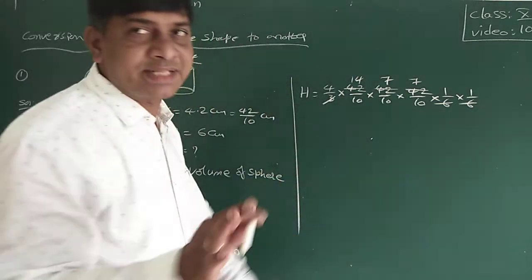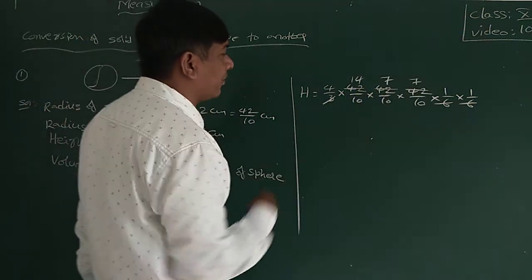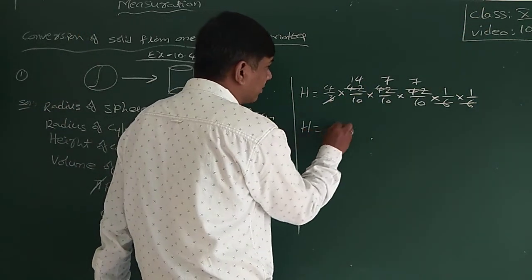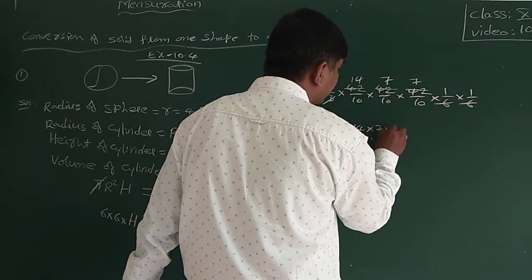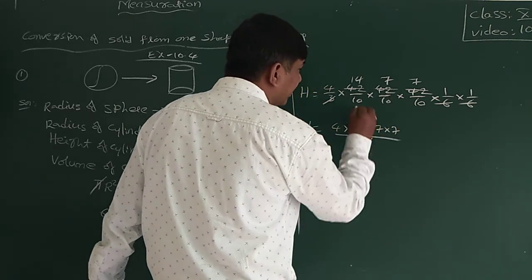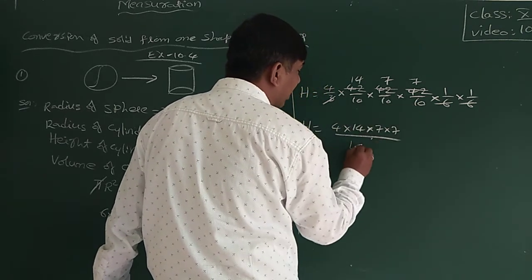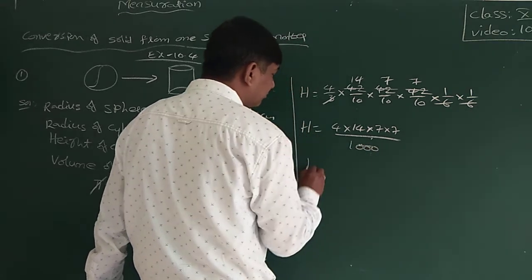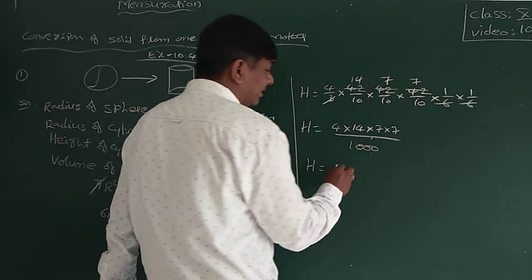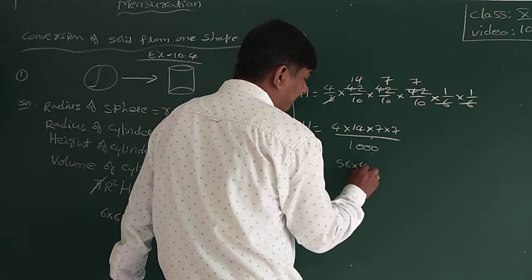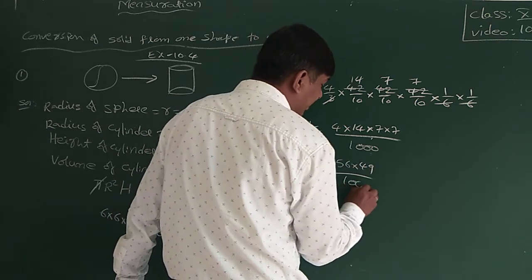Now tens don't cancel because it will help you to put the decimal point here. H is equal to 4 into 14 into 7 into 7 by 10 times 10 times 10, that is, 1000. It is equal to 4 thirds into 14, that is 56 into 49 by 1000.